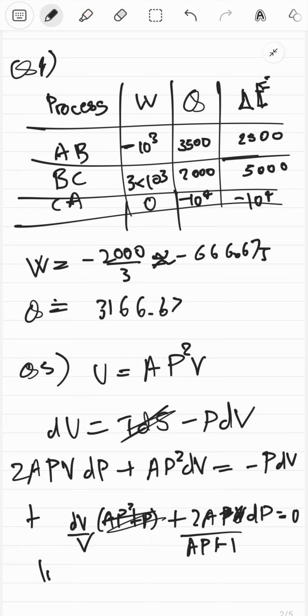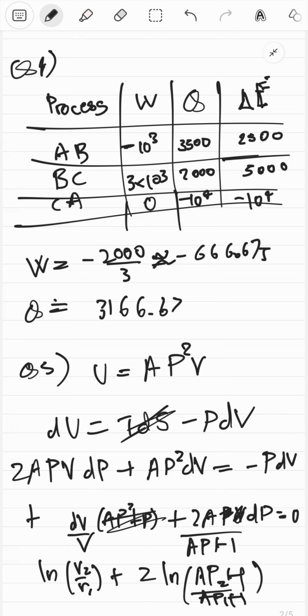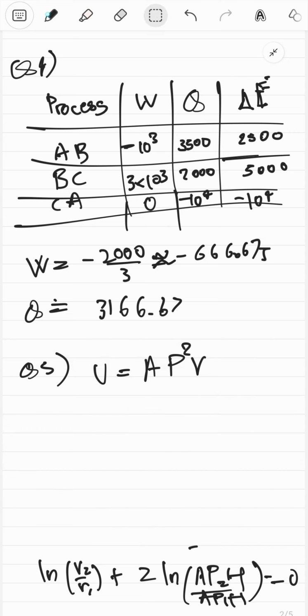So integrate that, you get natural log of V2 upon V1 plus 2 natural log of (AP2 plus 1) upon (AP1 plus 1), and that's equal to 0. That's essentially the thing. So what we are saying is that V times (AP plus 1) squared is some sort of constant. That's the thing.